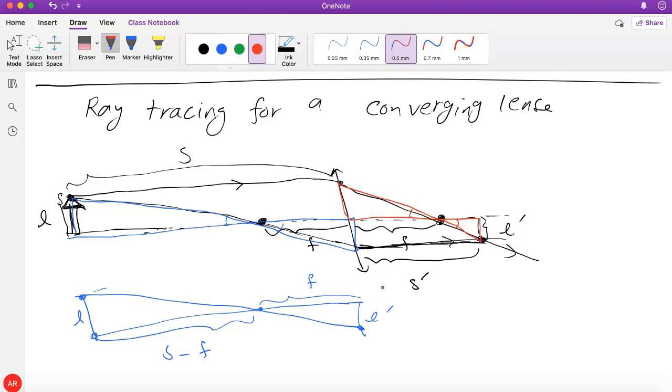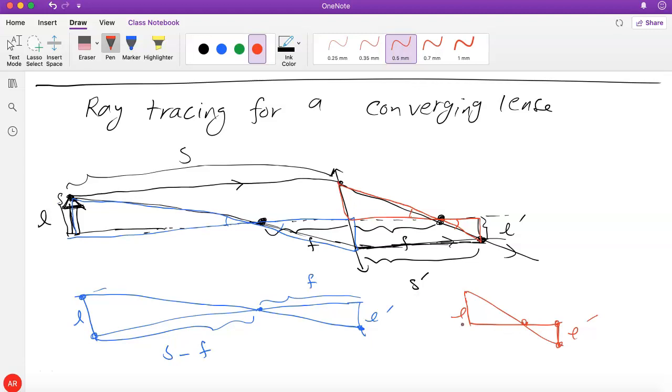Okay. Now let me draw the other two similar triangles. Again, here we have L prime. Now this side is L. Again, this line is parallel to the optical axis.